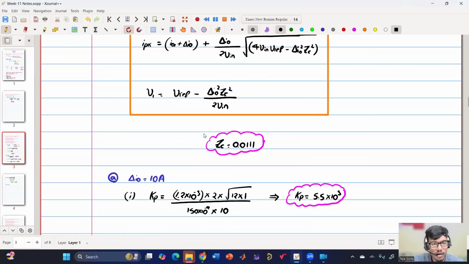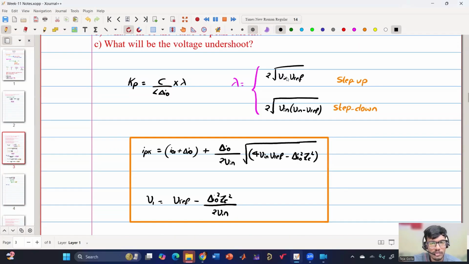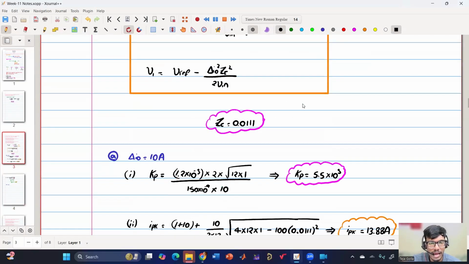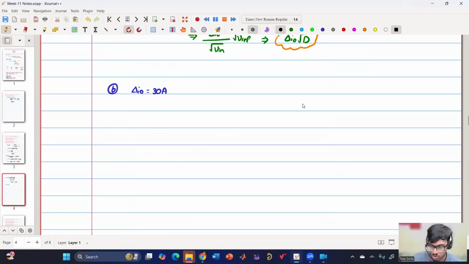So we have Kp is C into lambda, which is 2 into square root of V in into V reference by L into delta I naught. So we have Kp equal to C, which is 1.2 milli, into lambda, which is 2 into square root of V in into V reference by L into delta I naught.